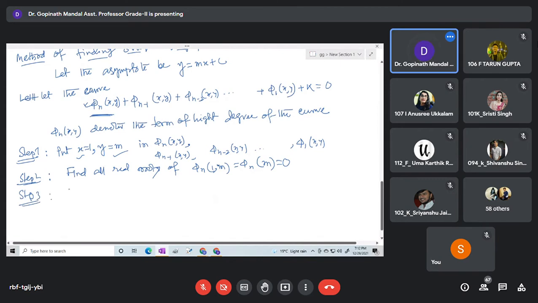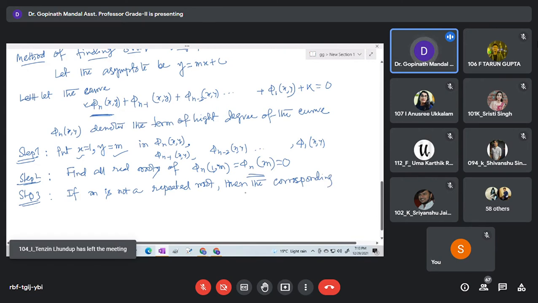Step 3, if we get the value of m, if m is not a repeated root, then the corresponding c, what c? We let y equal to mx plus c. This is our curve.